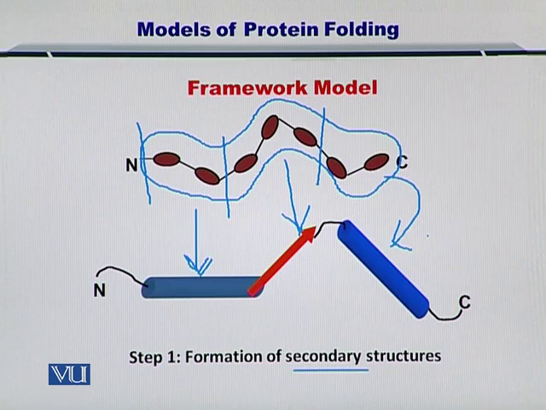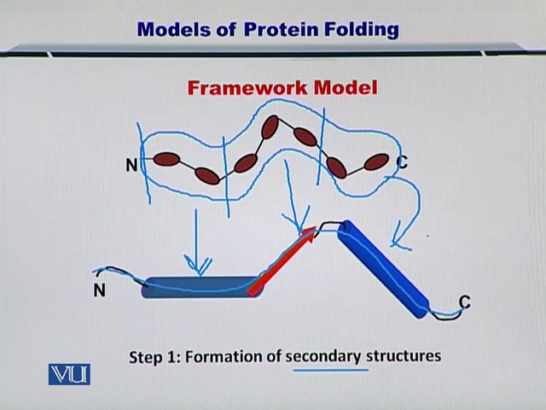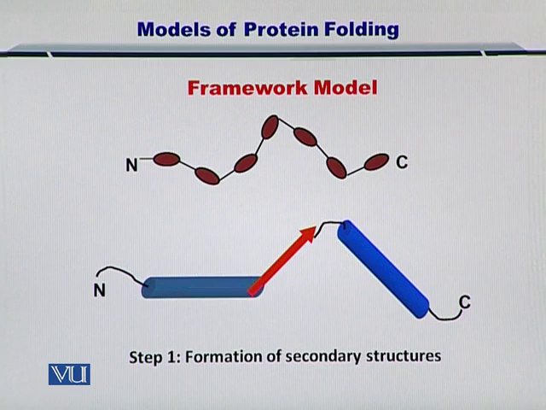So the entire protein sequence, the amino acids, form individual secondary structures. And these secondary structures are together in the form of a string here. So this is the framework model, which says that the amino acids first individually act to form secondary structures.